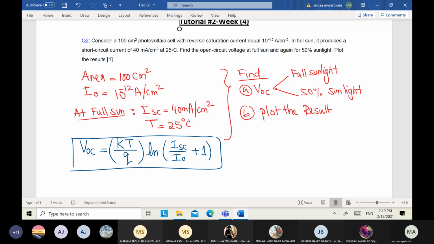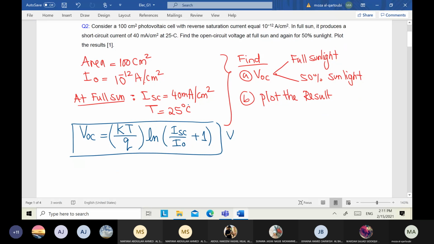So I short circuit with respect to reverse saturation current, and the result should be given in unit of volt. Now we are starting with the first case, full sun, 100% of sunlight.